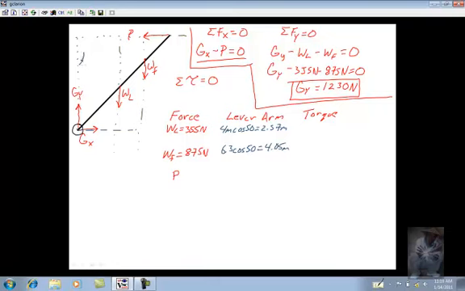So that's my lever arm L sub P. I don't know the value of P, but I do know that I can find the value of its lever arm because I know that I've got 8 meters, and for that length, what trig function am I going to use to find it? 8 times cosine of, if this is 50, we've got to use 50 though, right?